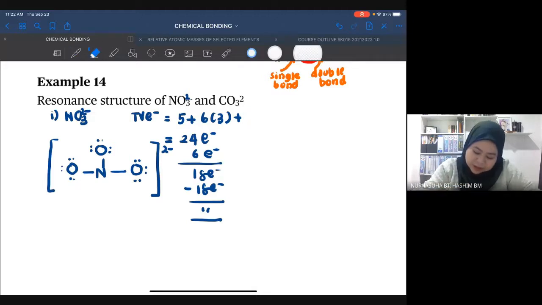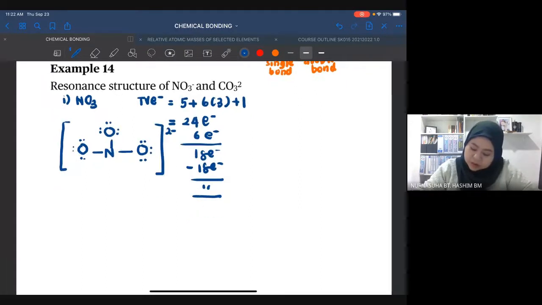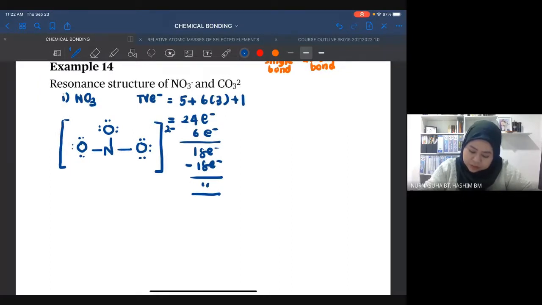Sorry, betul lah satu tadi. Betul balik sorry. Sebab kita tak akan buat apa? Odd number. Odd number 6. Sama lah 24, 24 electron.